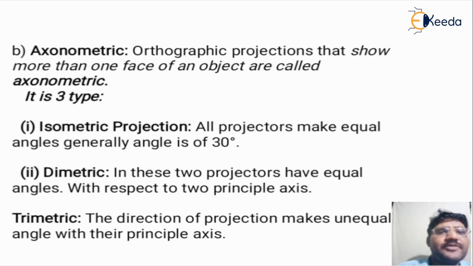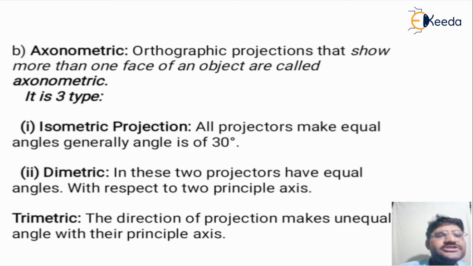Now, the second type of orthographic projection is axonometric. Orthographic projection that represents more than one face of an object is called axonometric. Axonometric is again of three types: first, isometric, second, dimetric, and third, trimetric.